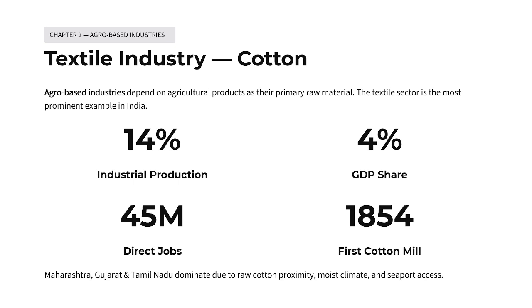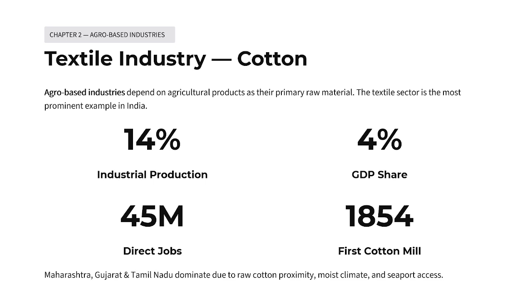Through the textile industry, cotton is produced. It is an agro-based industry, dependent on agricultural products, with cotton as the primary raw material. The textile sector is the most prominent example in India. They may ask which of the following is an agro-based industry, and you have to choose textile.